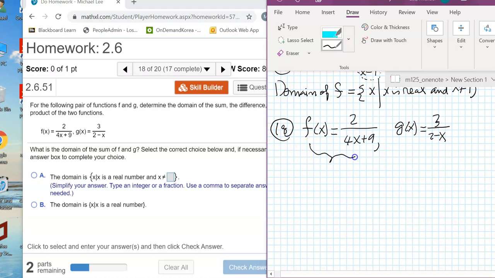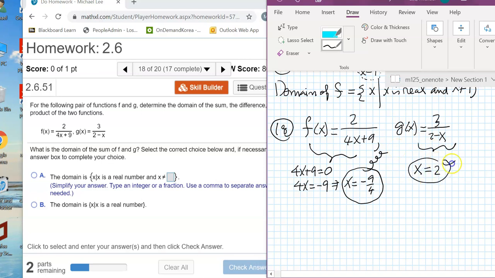If you look at this, 4x plus 9 equals 0, then 4x is negative 9, then x is negative 9 over 4. We don't want this number in the domain. For the same reason here, we don't want x equal 2. We don't want this either, because both make the denominator 0.